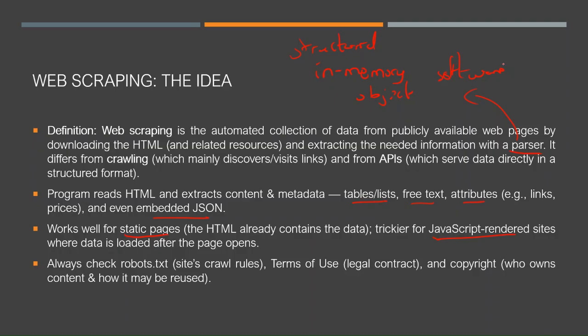I'll give you an example of a parser that you will use in a moment. I will show you in a few minutes how to scrape some data. So you will use, for example, R as your software, but R is not the parser necessarily here. R is a software, and in R there is a package, for example, jsonlite, that you can download to collect data from a JSON file.